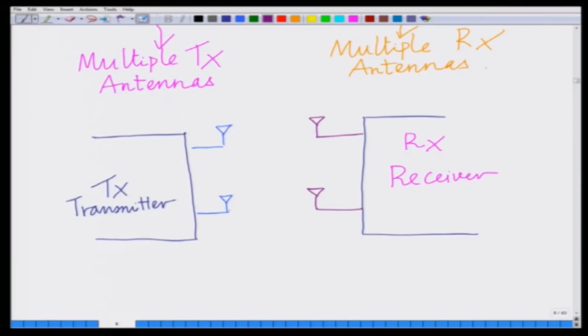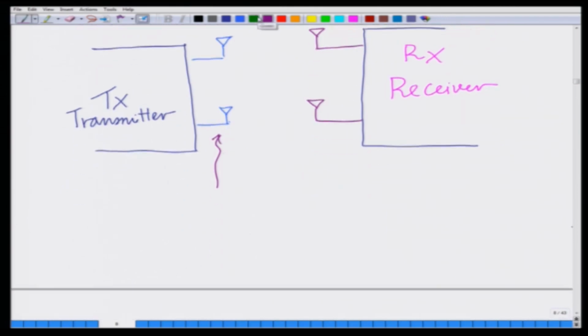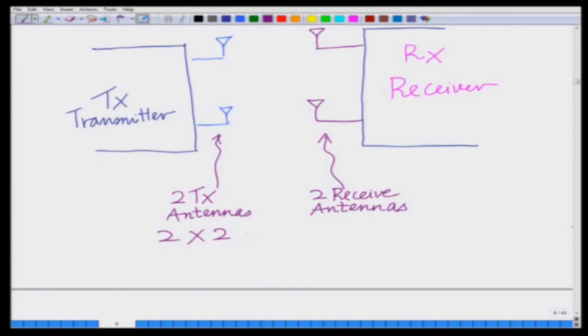This is a simple example of a 2 cross 2 MIMO system. These are the 2 transmit antennas and these are your 2 receive antennas, and this is termed a 2 cross 2 MIMO system.